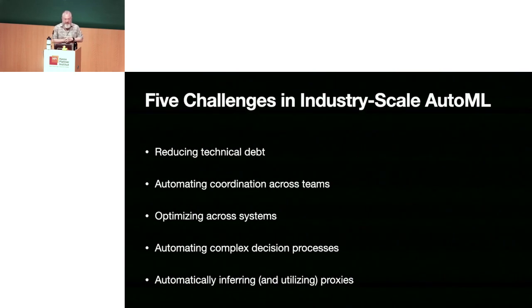And then finally, I'll be talking about automating complex decision processes. You'll see later on that oftentimes these machine learning classifiers are really quite upstream of what people care about. And so trying to perform your optimization actually exists at a much deeper level of the stack, and ideally you want to be able to propagate all that information end to end, not using gradient descent through this whole process.